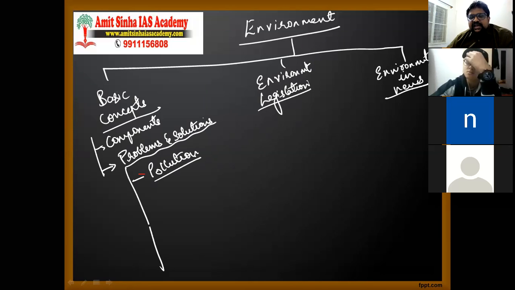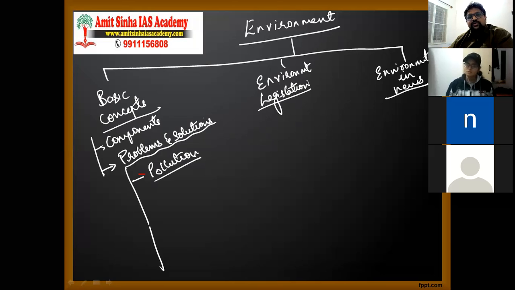When you start studying air pollution, you have to know the pollutants. What are the different pollutants? For each one, like sulfur dioxide, what is its source, where does it come from, and what are the effects: what will be the impact on human beings, animals, the environment as a whole, and microorganisms. You have to study one by one, because questions come from here.